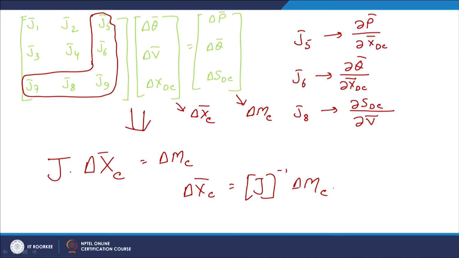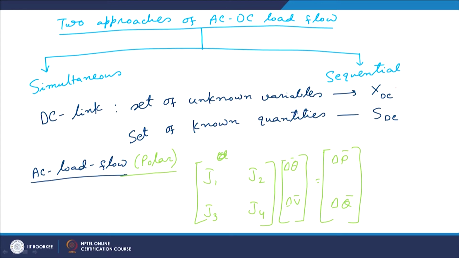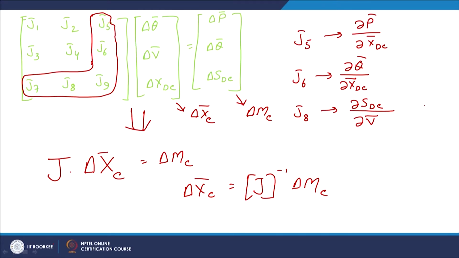Here we have not so far discussed the details of XDC and SDC; that we will discuss at a later stage. Today we are only trying to understand the basic philosophy of solving. So this is the simultaneous approach in which we solve everything together, but the problem is the computation burden.